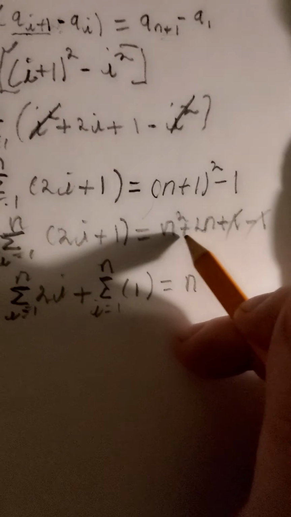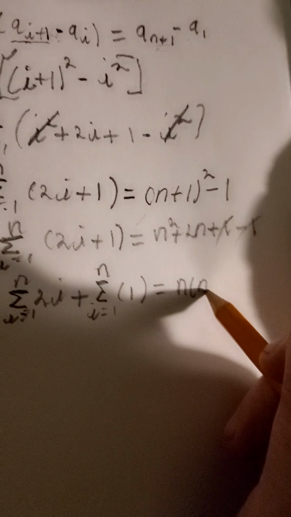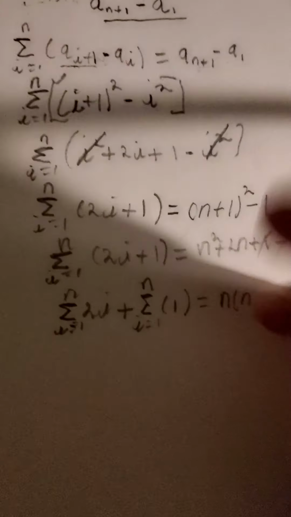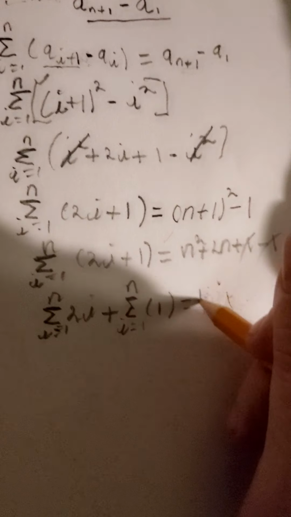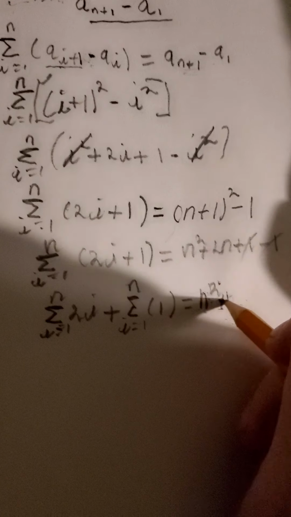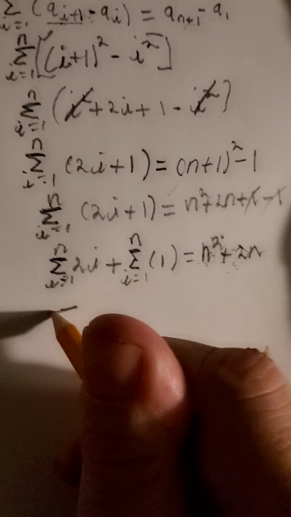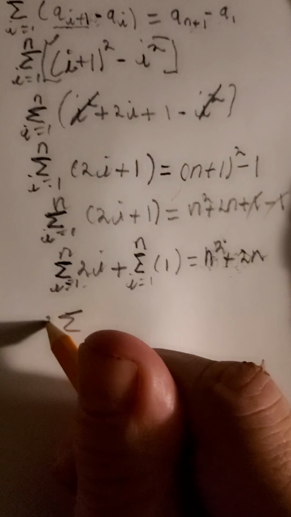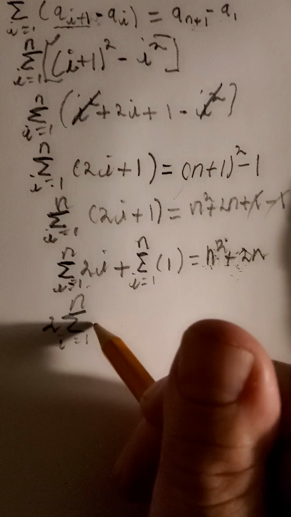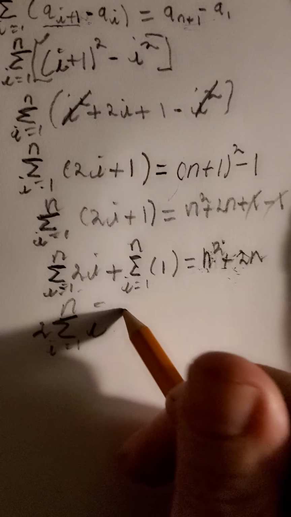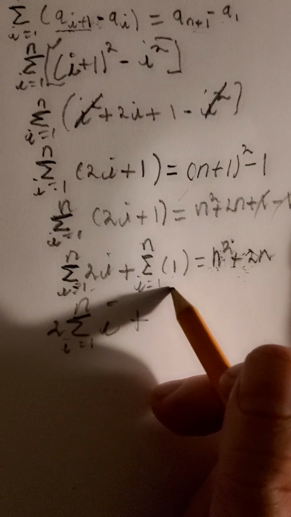Equals n squared plus 2n. So now I'm going to have, taking the constant out, 2 times the summation as i goes from 1 to n of i, plus the summation going up to n of 1, which is just going to be n.